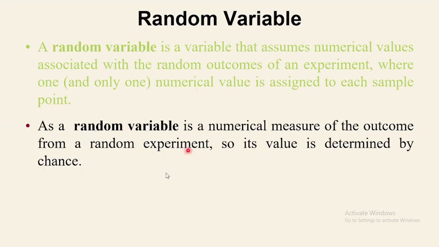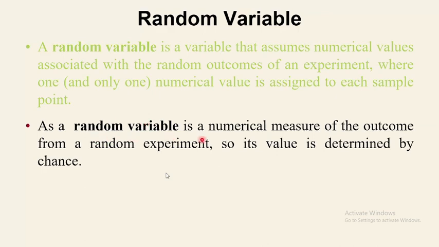Because here the numerical value of a random variable is determined by the outcome from a random experiment, this value is also determined by chance. That's why we are saying random. If the value for this variable is determined by chance or by likelihood, that is called a random variable.